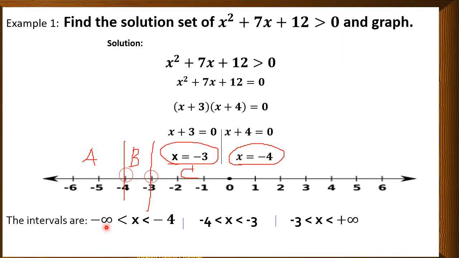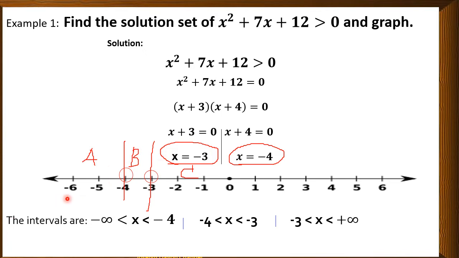So we are going to select a point in every region that we will substitute into the original inequality to test which among the regions contain the values that satisfy the inequality.